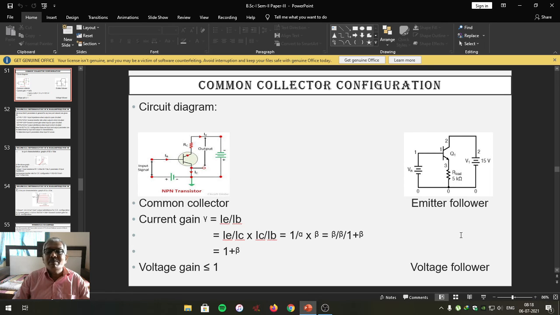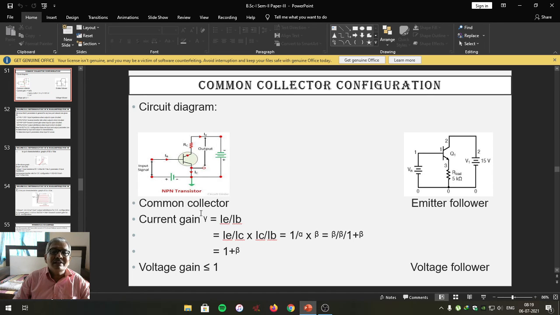Dear students, as output is taken across emitter, its output current is IE. Input is applied to the base, therefore input current is IB. Hence its current gain is denoted by gamma. For common base, it is denoted as alpha. For common emitter, it is denoted as beta.